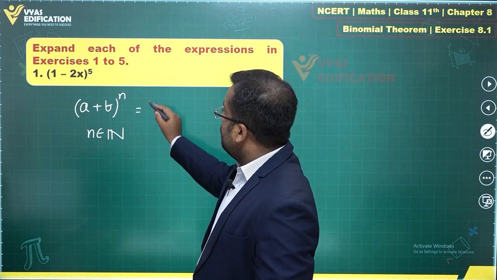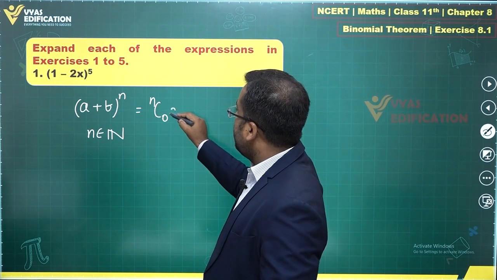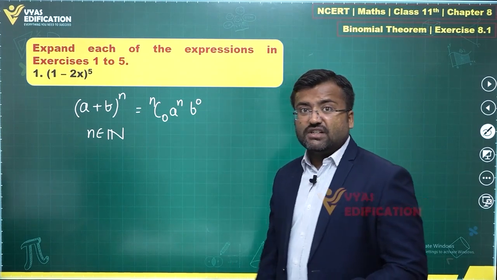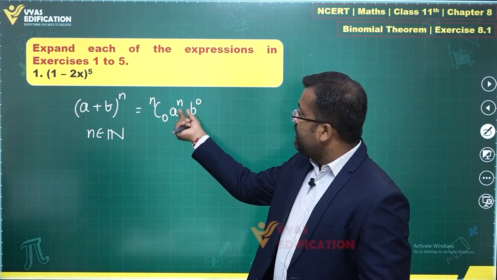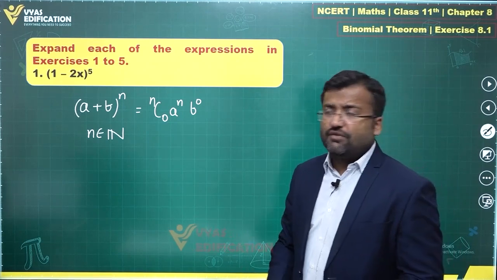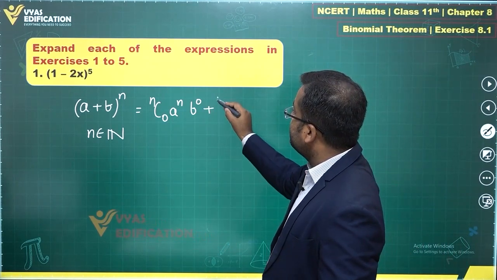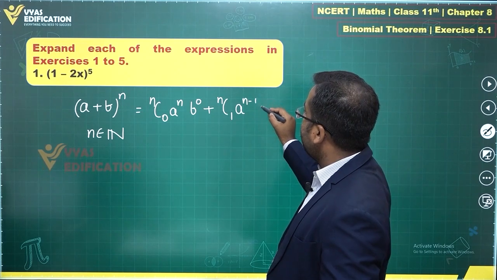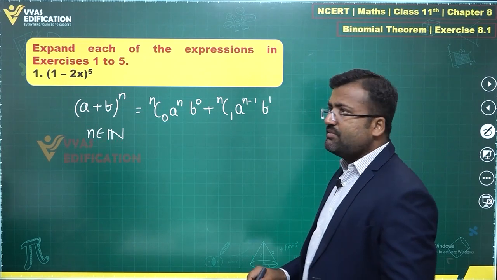This is equal to nC0 a power n b power 0. The first term that begins is nC0 a power n b power 0, and b power 0 is obviously 1. In the next term you have nC1, the power of a will reduce by 1, the power of b will increase by 1.